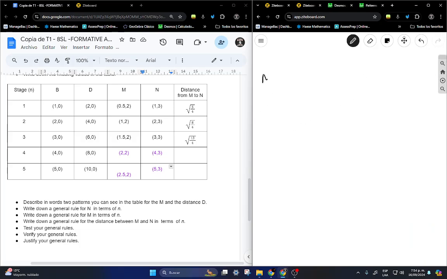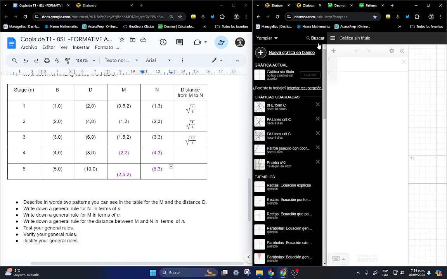The formula for the midpoint is like this: x1 plus x2 over 2, that's the x part of the coordinate, and y1 plus y2 over 2, that's the y part of the coordinate. And remember that M is the midpoint between A and B. And remember, A was fixed.